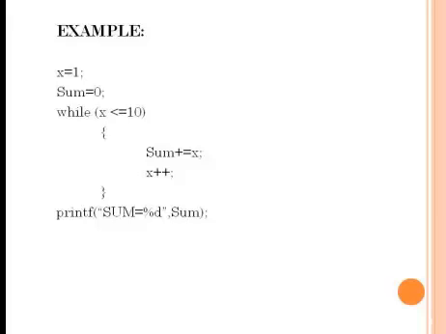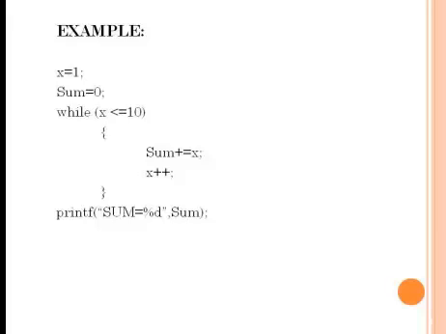After evaluating this expression, the control will pass to the next statement. Here the statement is x plus plus. This means x equals to x plus 1. Whenever control comes here, it will evaluate this expression, that is x equals to x plus 1.